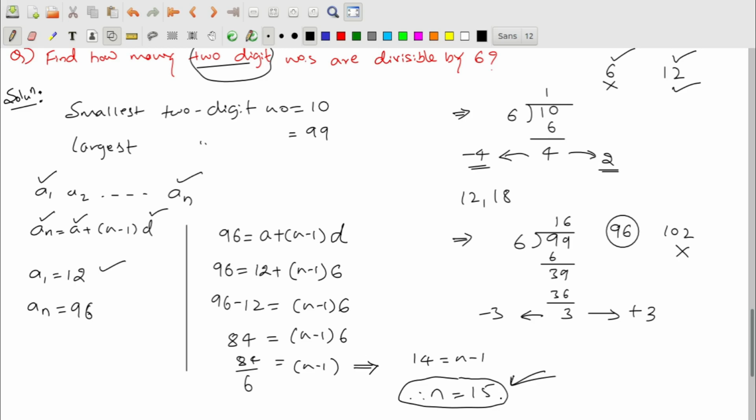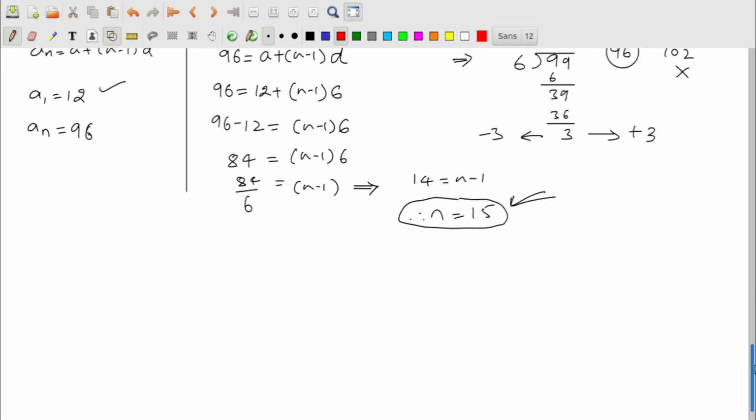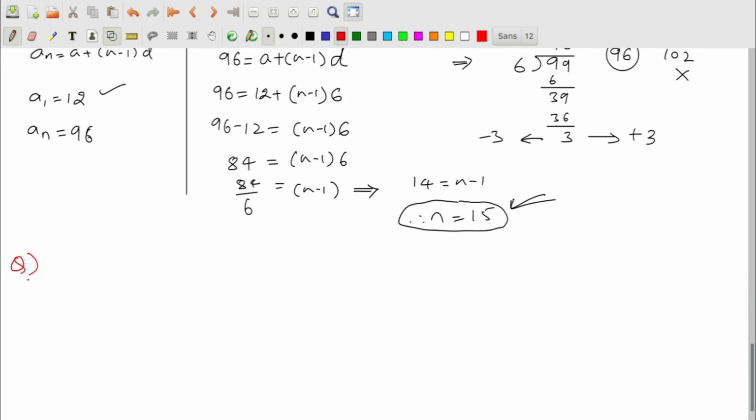Okay, fine. Let's take one more question. Let me take a similar question. How many natural numbers, I hope you guys know what natural numbers are, are there between 200 and 500?